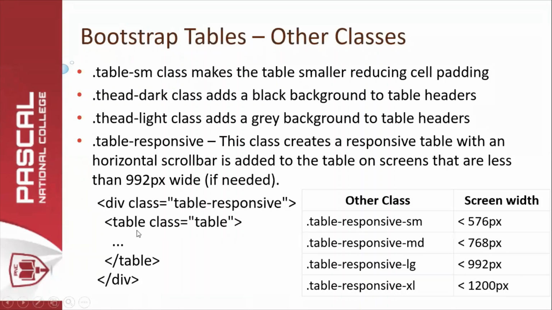Within this, only then you will write table class equals table. Similarly, you can also use table-responsive-sm for small devices. For medium devices, you will be using md. Similarly, lg for the larger devices. For the extra large devices, you will be using xl.